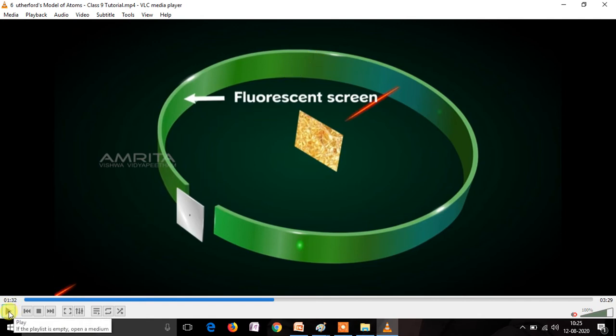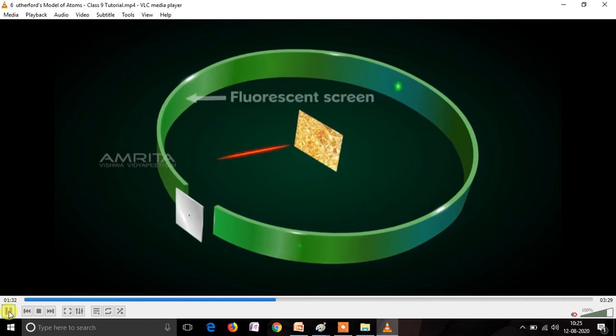Whenever the alpha particles strike the zinc sulfide screen, a scintillation is produced, that is to say, light is produced on the zinc sulfide, which is shown as a green color in this video. This green color is a scintillation produced when the alpha particles strike the zinc sulfide screen after passing through this gold foil.